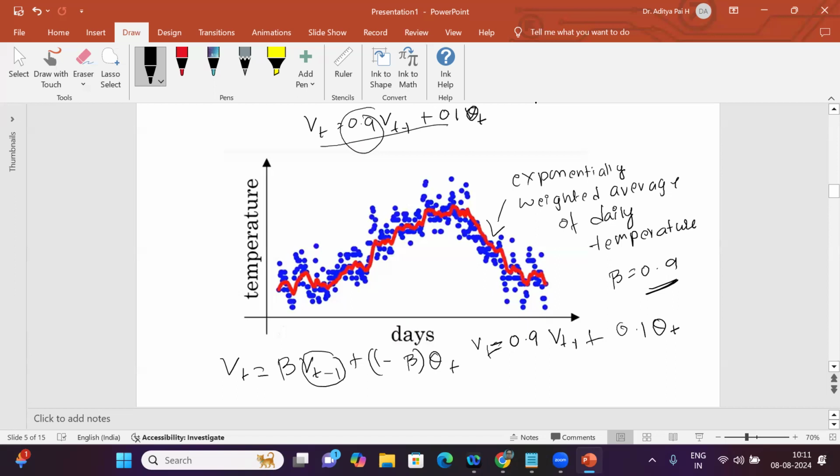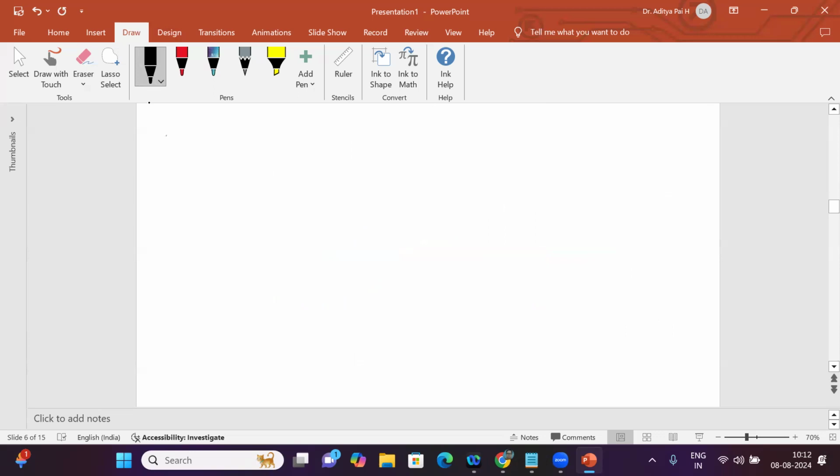So if we compute this, vt will be averaging approximately over 1 by 1 minus beta days of temperature, that particular day's temperature.